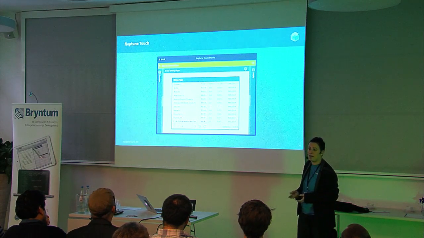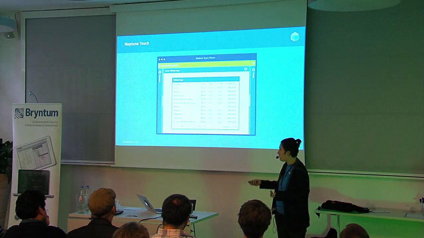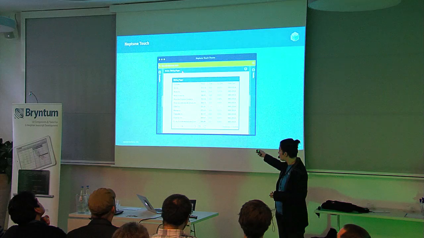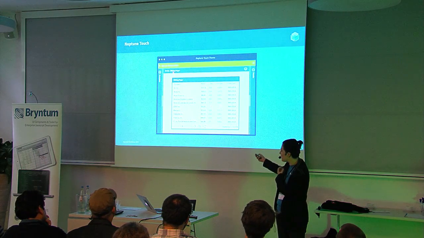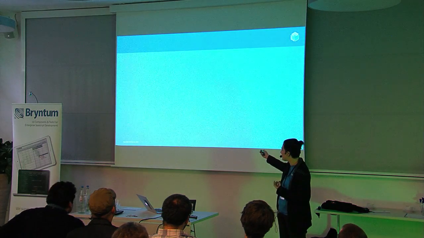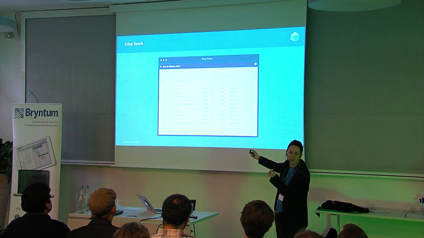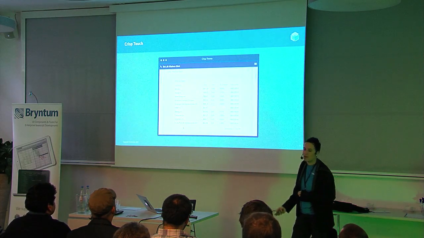I would probably take Neptune or Neptune Touch as a starting point, because the Neptune theme, especially if you look into the titles, has light color on dark background, versus a light application with dark color on top.